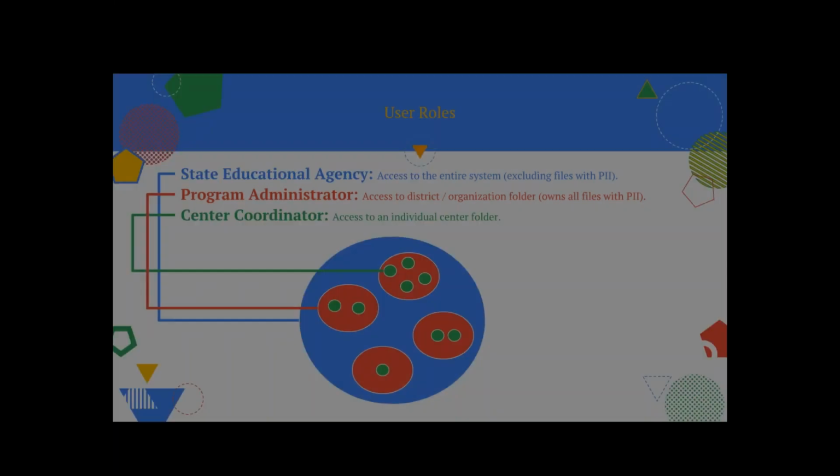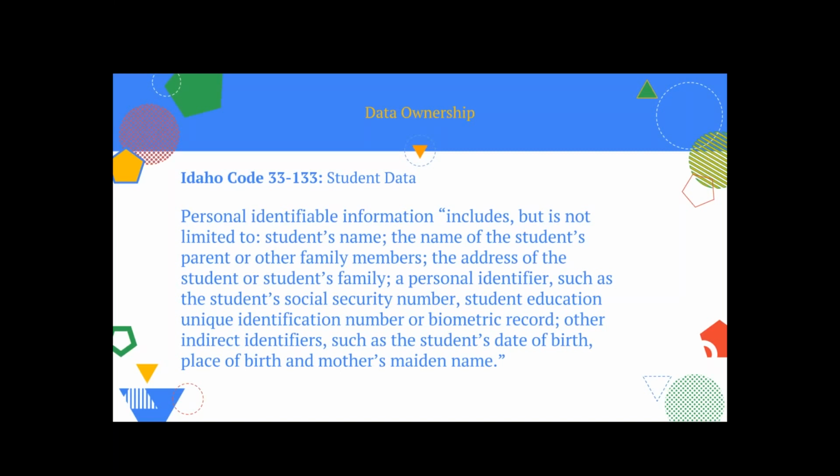As outlined in Idaho Code 33-133, student data, personal identifiable information includes, but is not limited to, students' names, the name of the student's parent or other family members, the address of the student or student's family, a personal identifier such as the student's social security number, student education unique identification number, or biometric record, other indirect indicators such as the student's date of birth, place of birth, and mother's maiden name.